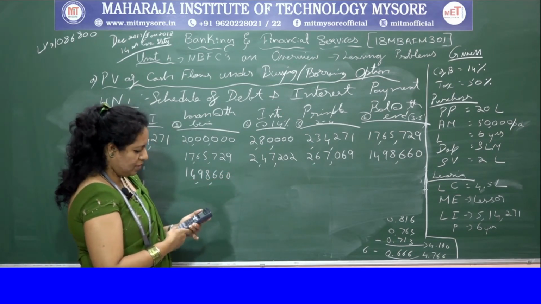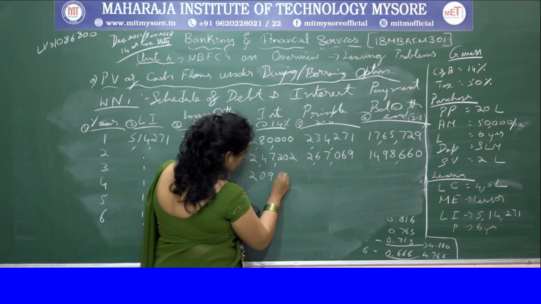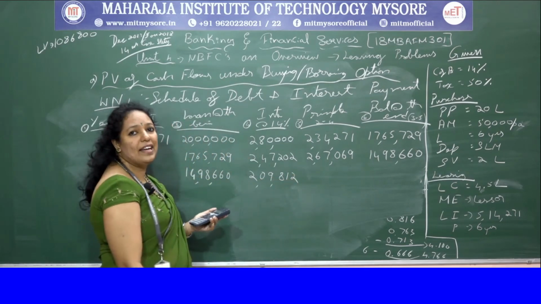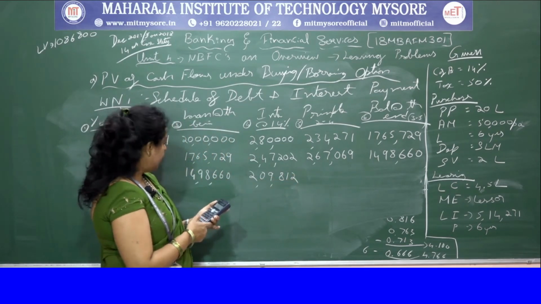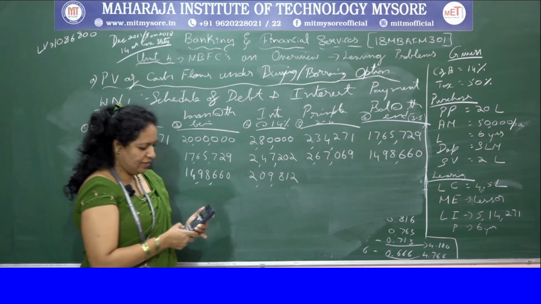into 14%. You get 2,09,812. You get 2,09,812 minus 5,14,271.